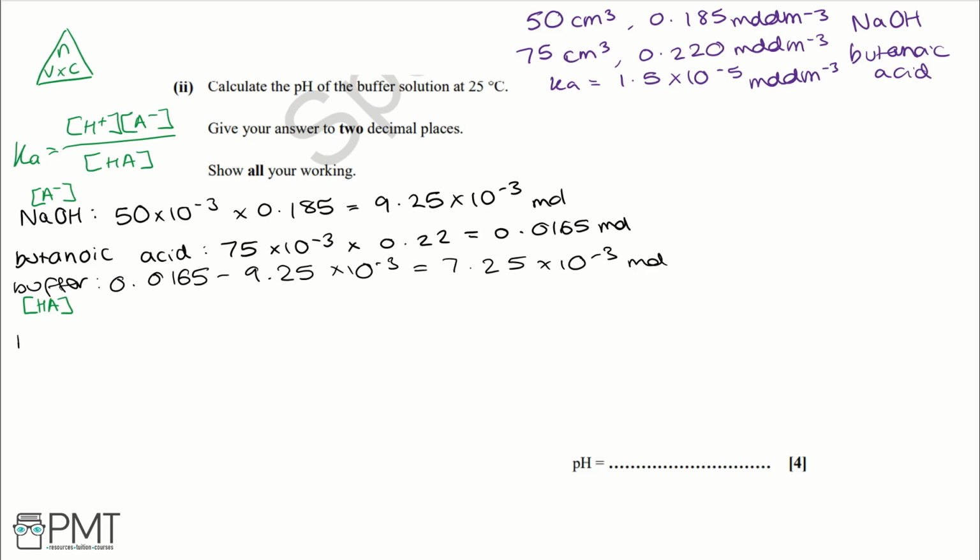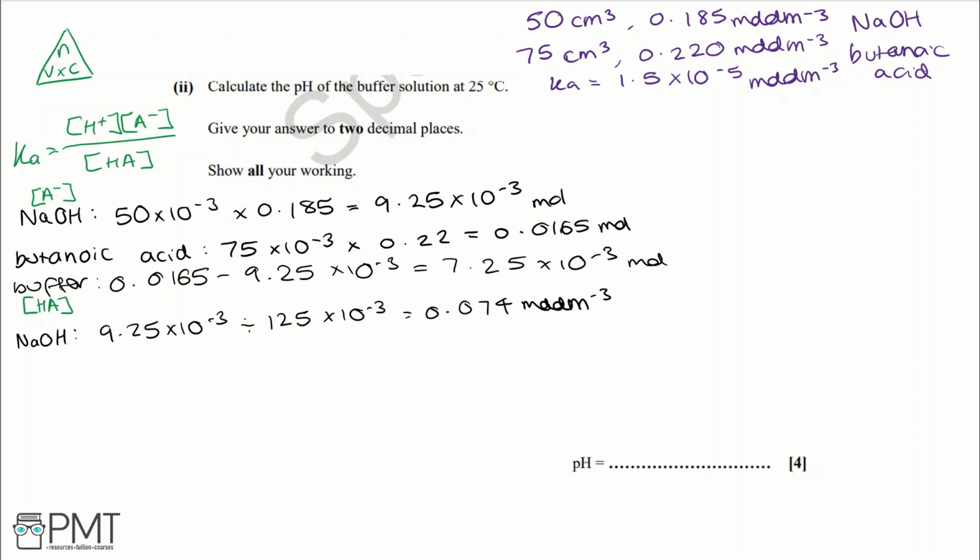So for NaOH, that's going to be 9.25 times 10 to the negative 3 divided by 125 times 10 to the negative 3. We're using the same equation triangle as we did for part 1, and that's going to equal 0.074 moles per decimeter cubed.